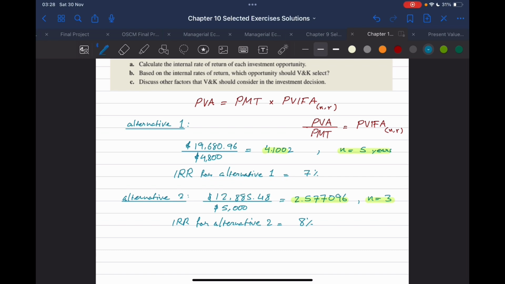All right? So now we have what we want. We know the internal rate of return for the first investment opportunity, and we know the internal rate of return for the second investment opportunity, okay? Which is what's required in part A.